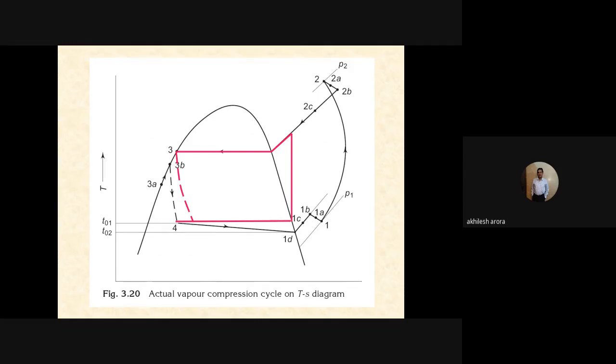As you can see, this is the TS diagram, the temperature entropy diagram, and the red line on it shows the simple saturated vapor compression cycle, which you already know, and the other cycle in black lines is the actual vapor compression cycle. There are many deviations in comparison to the simple saturated vapor compression cycle which we have been studying till now. So let us go one by one.